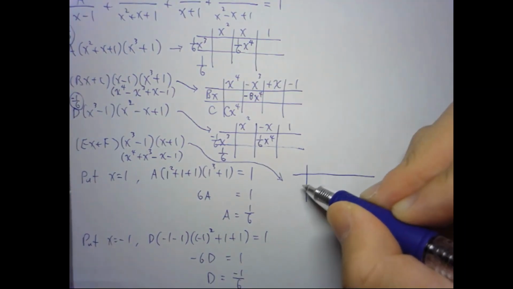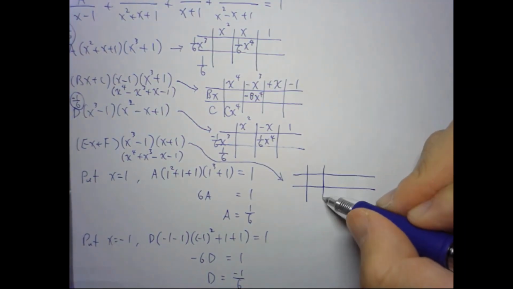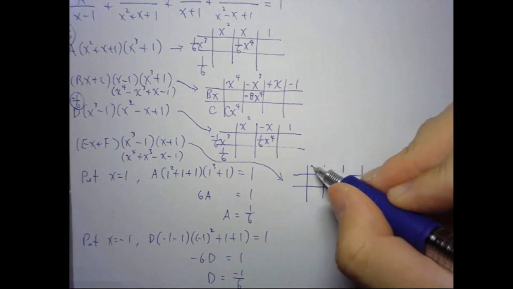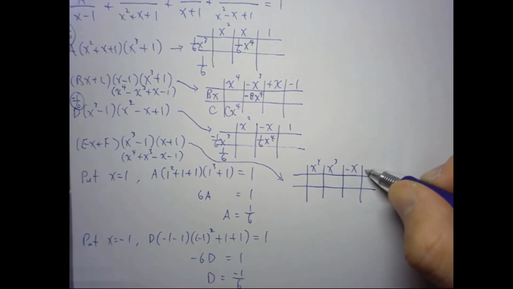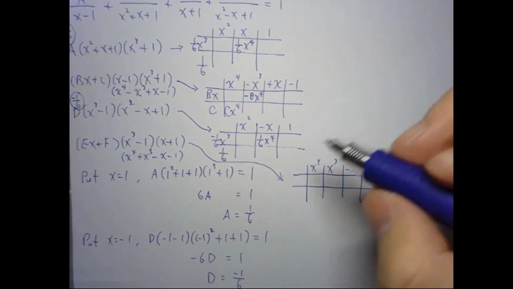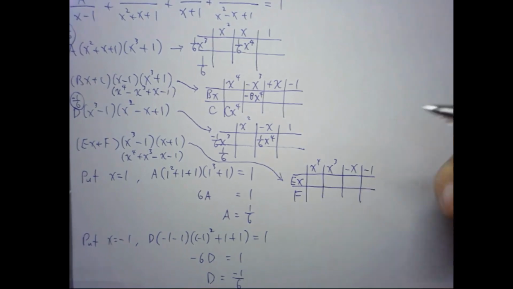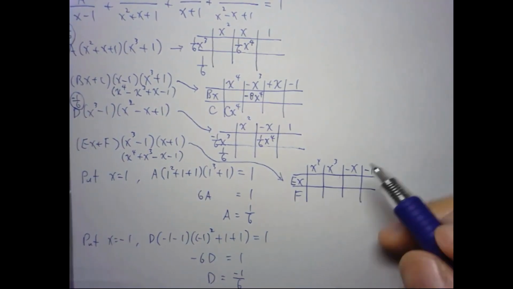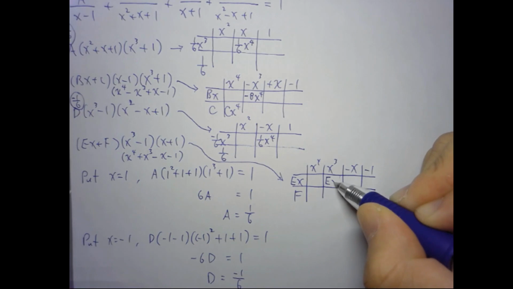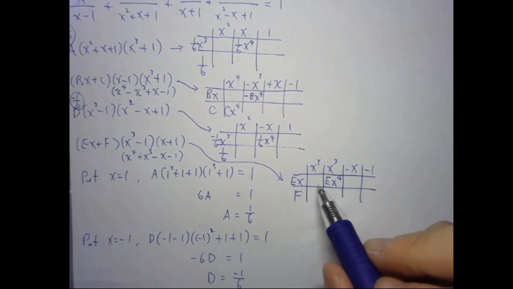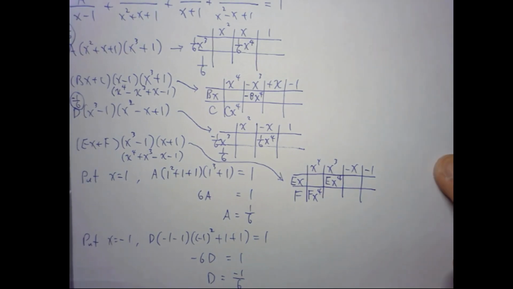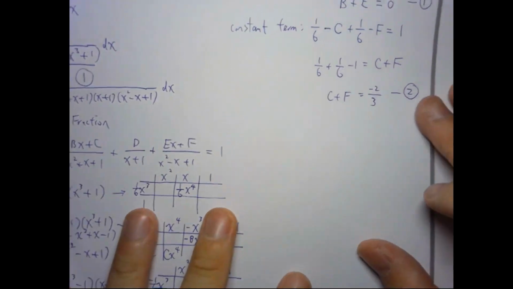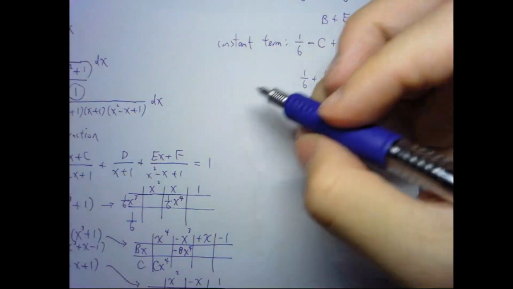So again, I will do the table here. x to the power 4, x cubed, and then minus x minus 1. And then this is e x, this is f. So this box can give me e x to the power 4, and then this box f x to the power 4. So I can combine them. Let me copy here.